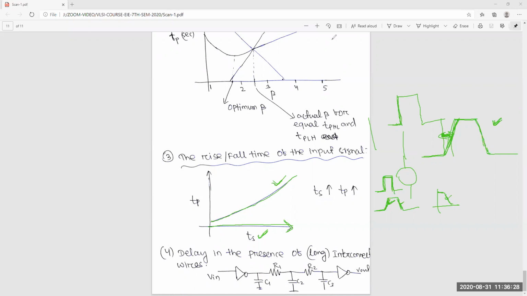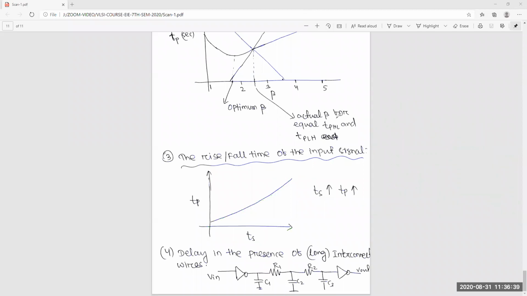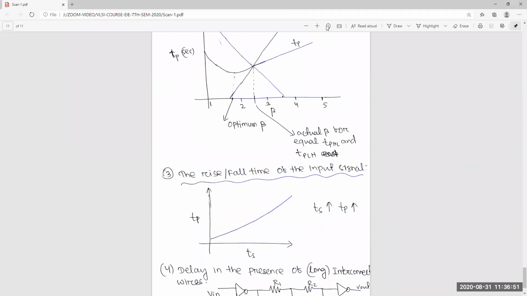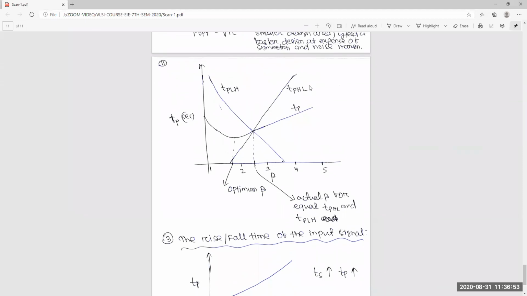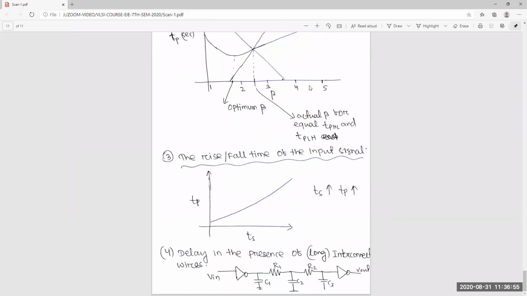Next, another point is delay in the presence of long interconnect wires.